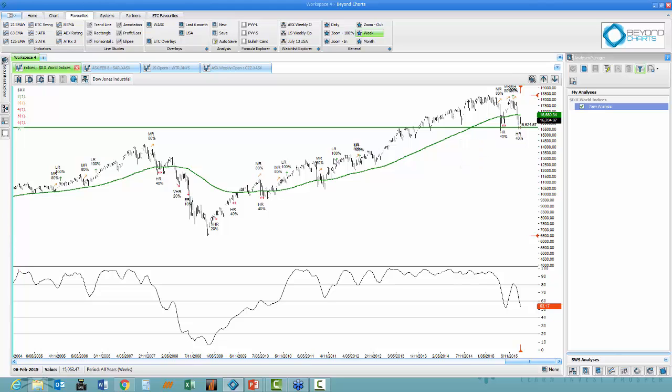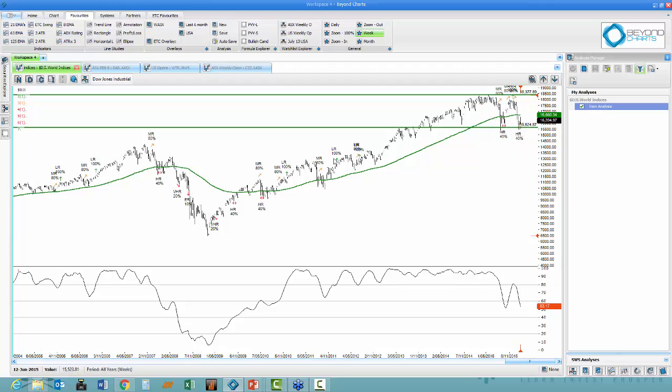So you can see on here, we've had these rallies up, back down to a support level, big move up, back down to a level, move up again and down to a level. From a technical point of view, if you look in a textbook, it's often referred to as a head and shoulders type of pattern. Now, depending on which books you read and how you like to interpret it, with your normal head and shoulders pattern you typically measure the distance from the head down to the neckline.